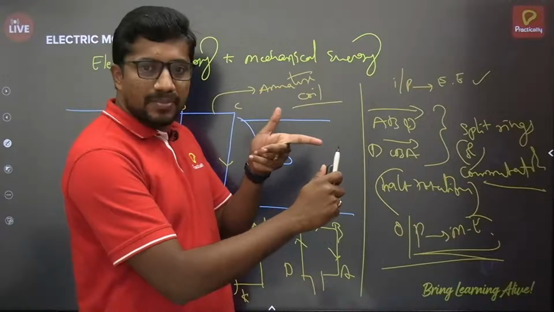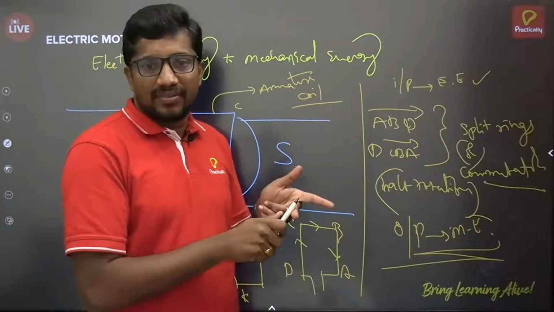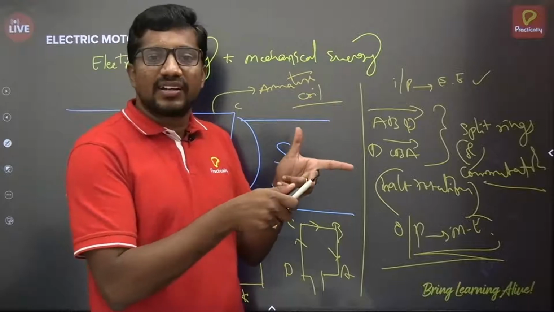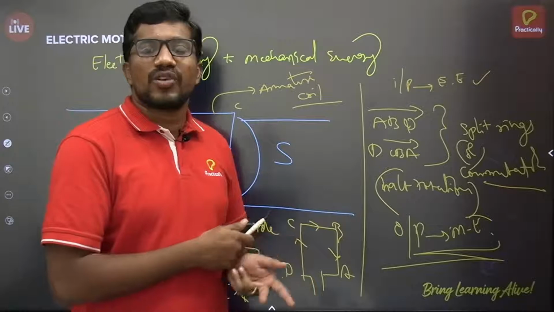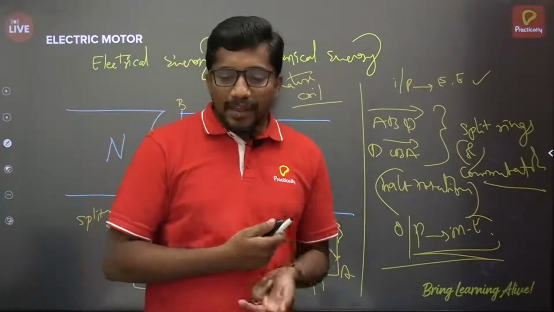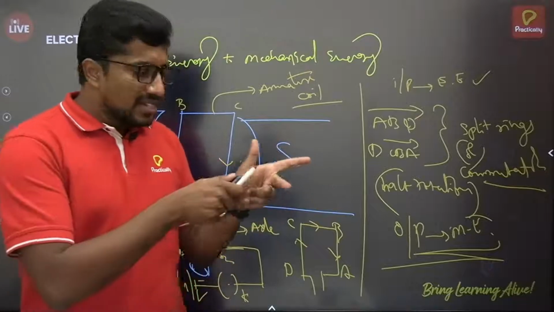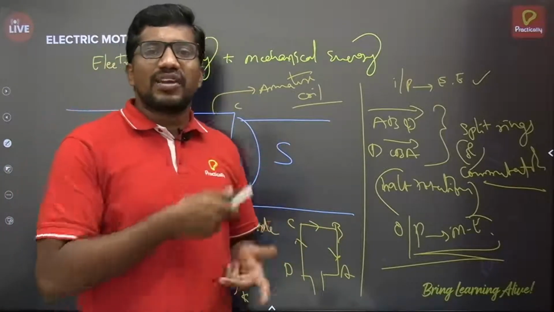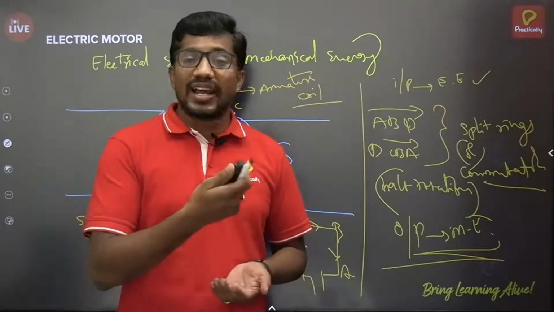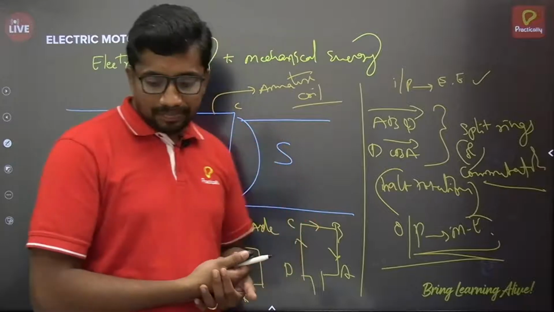Remember the center finger as C: the center finger represents current. The thumb represents force, obviously the third one. Hope I am clear to you, Aryan. The forefinger represents magnetic field, the center finger represents current direction, and the thumb will represent the direction of force.